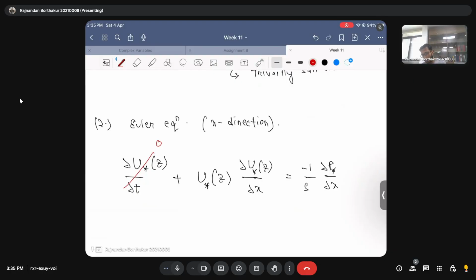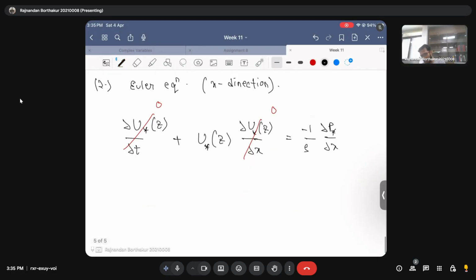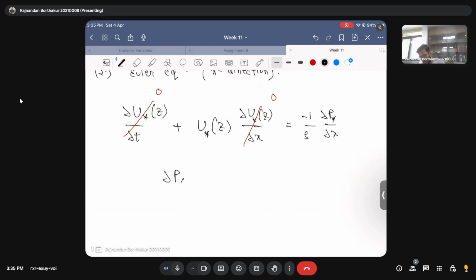And we also know that U star of z is just a function of z, which means del U star by del x is equal to 0. Which then means that del capital P star by del x is equal to 0, which means that my base pressure is not a function of x.